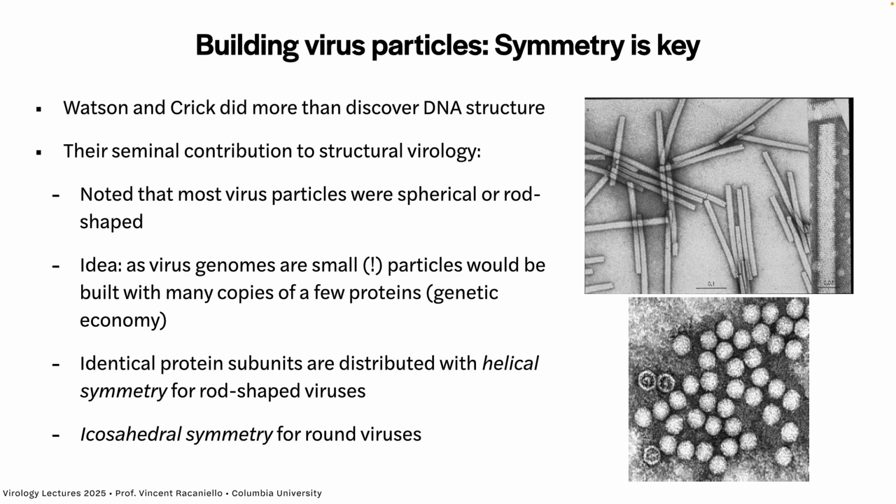And the idea is that for rod-shaped viruses, you have, again, identical protein subunits. The subunit, the very lowest level, the protein subunit, is repeated with helical symmetry. And for round viruses, those protein subunits are repeated with icosahedral symmetry. And what those mean, I will show you.